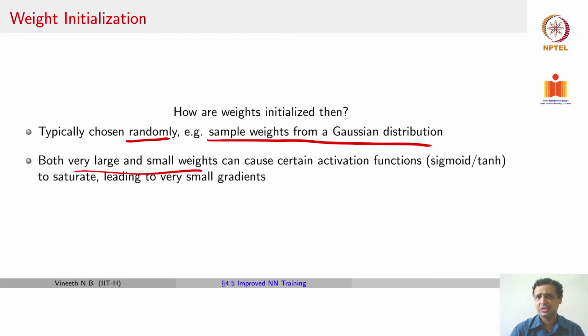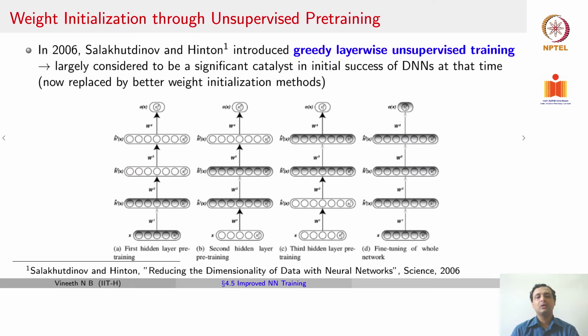Let's see more specifics on how we can initialize. In 2006, weight initialization was one of the major factors in turning around how deep neural networks were paid attention to. Salakhutdinov and Hinton introduced a method known as greedy layerwise unsupervised pre-training, which is considered to be a significant catalyst in the training and success of deep neural networks.